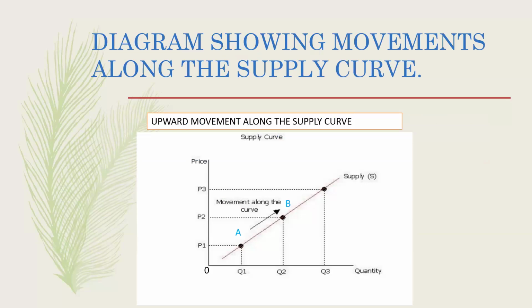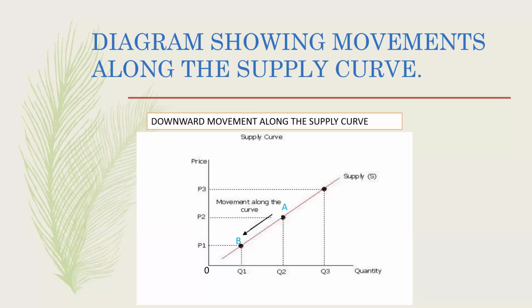Because as price goes up, supply will increase. We said there's a direct relationship. So this is an upward movement from A to B. Why did it go from A to B? Because as price goes up, supply also went up. And this is caused by an increase in price. Supply increased.